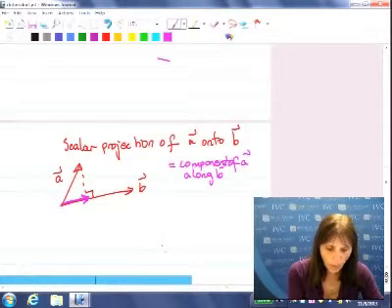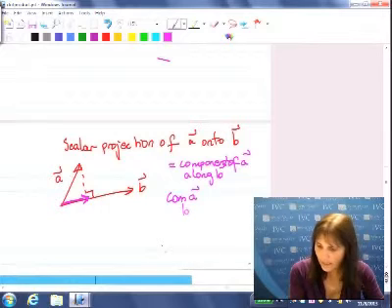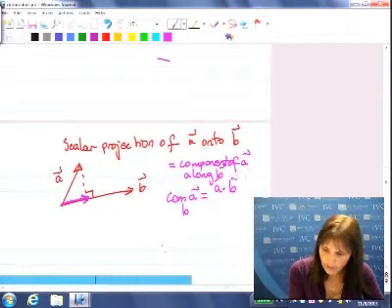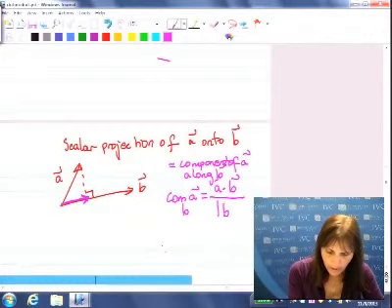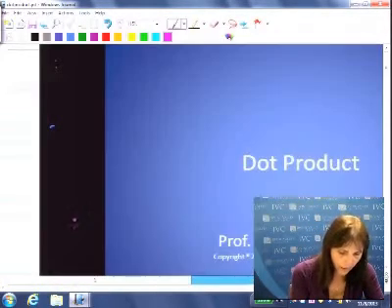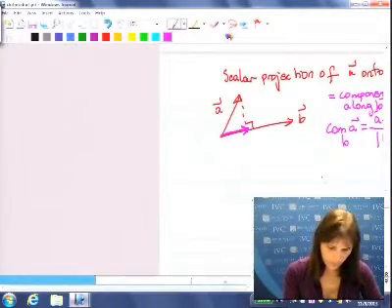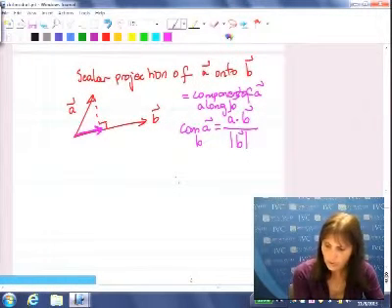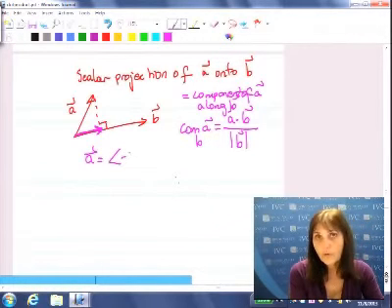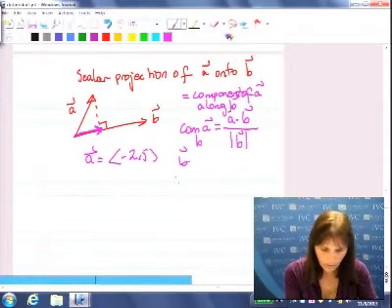How does that work? The component of A along B is actually the dot product of A and B divided by the magnitude of B. So let's look at that. Say A equals negative 2, 5, and B equals 3, 4.